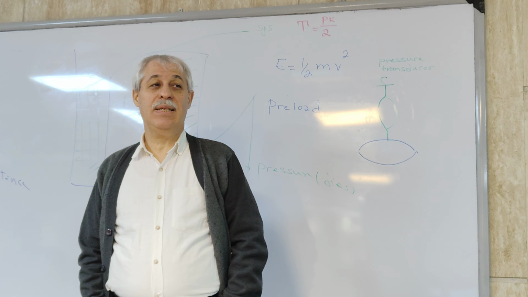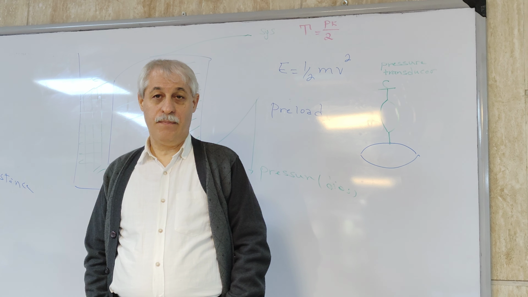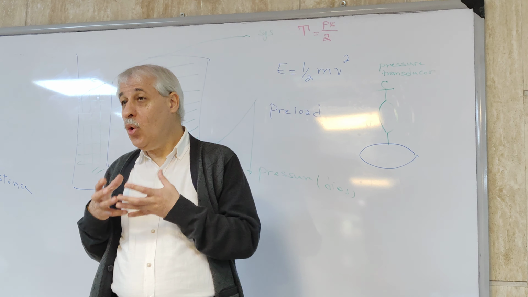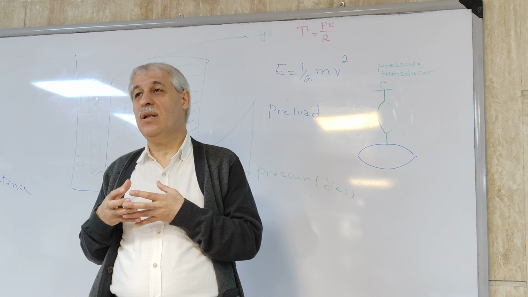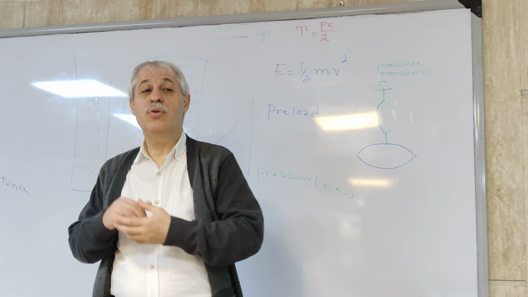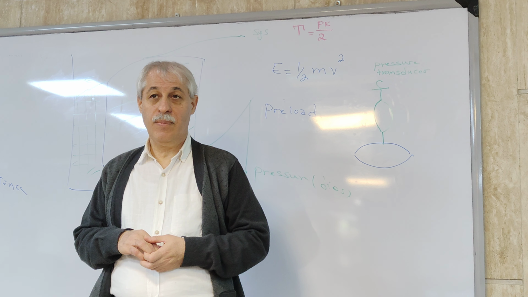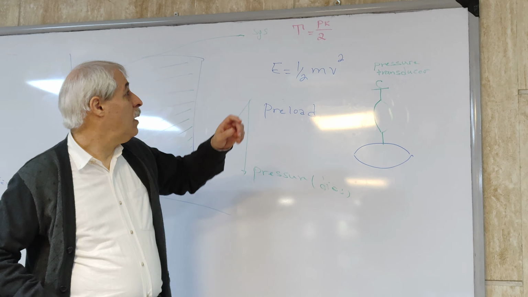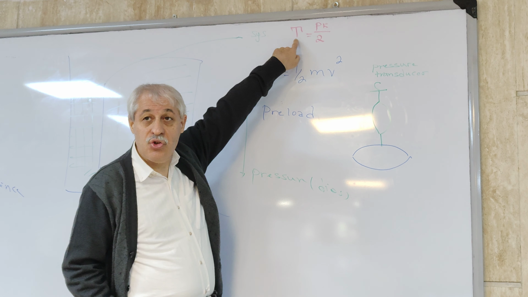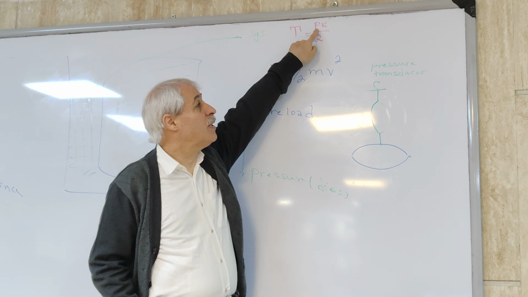So in this case, the afterload is increased. The amount of work that the left ventricle should perform to overcome the aortic pressure would be very high. The tension should also be very high because the pressure inside would be very high.